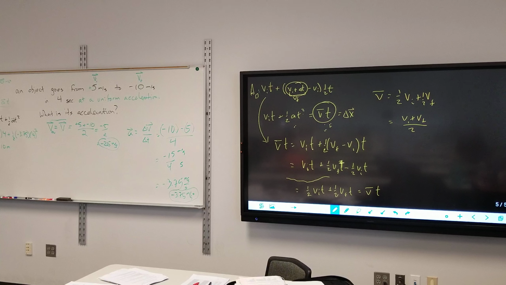So what we're saying here is that I can find displacement using this formula right here, if acceleration is constant. Or I could just multiply the average times time. And since I was about to erase this, any questions on this before I erase? Even better. I'm sorry.